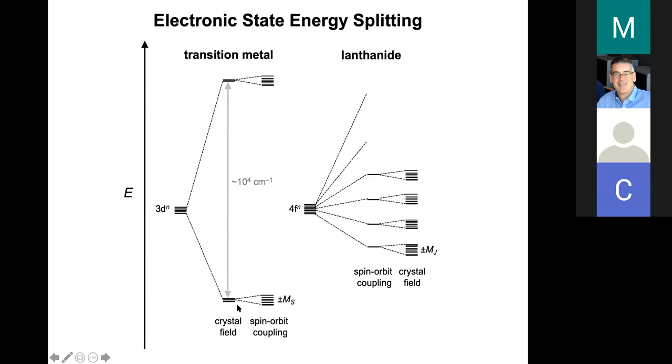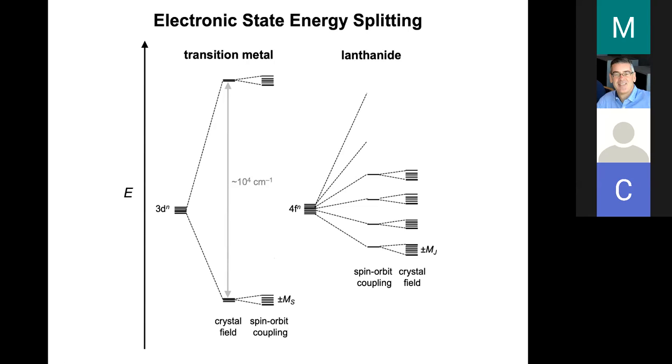And we usually then take and apply spin orbit coupling on a spin-only consideration of the electronic ground state to get a splitting of m sub s levels. And so the crystal field splitting is dominant here compared to the spin orbit coupling, which is small for the transition metals. For the lanthanides, the situation is reversed.